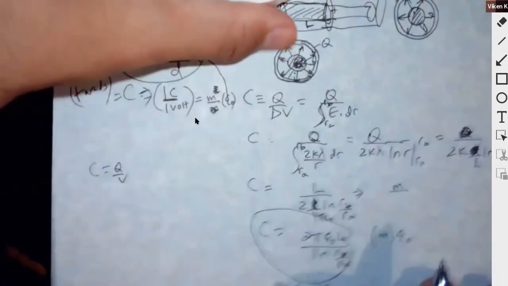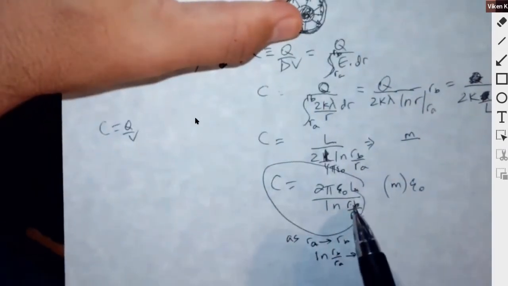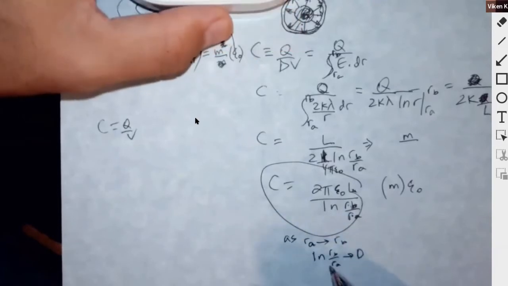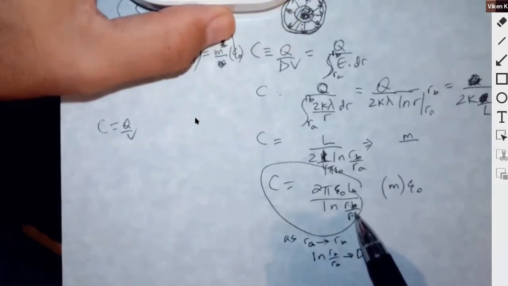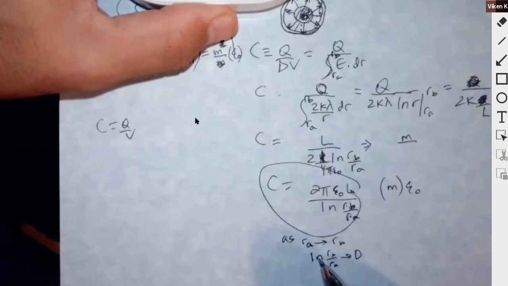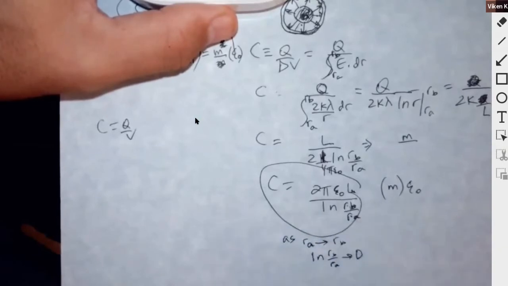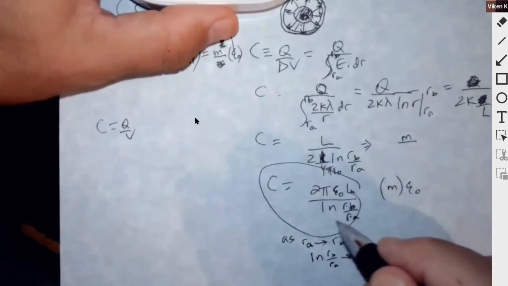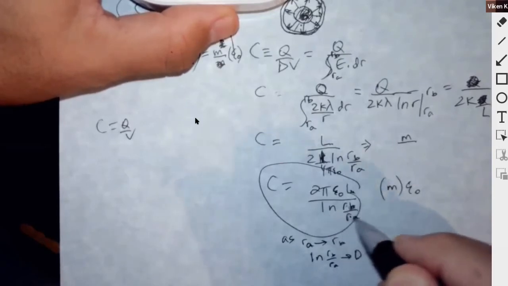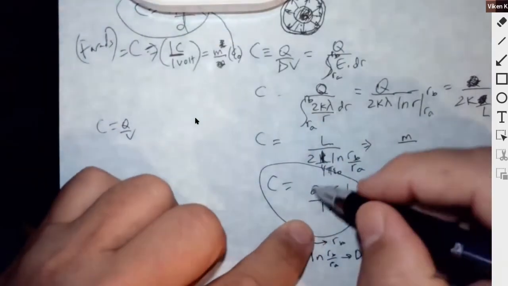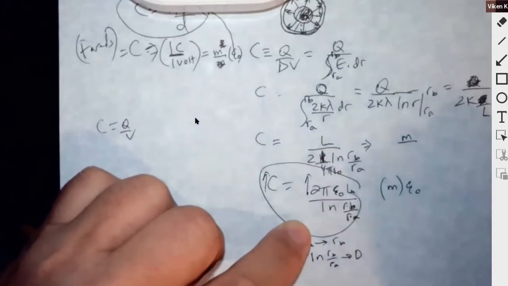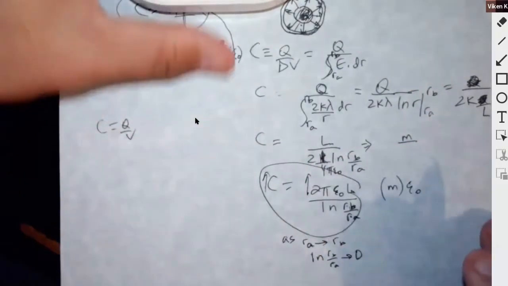Because as this radius approaches this radius, their ratio becomes closer to 1, and then ln of 1 is 0. Well, that means this becomes a smaller and smaller number, and then the capacitance becomes larger and larger. Do you see? So does that make sense?